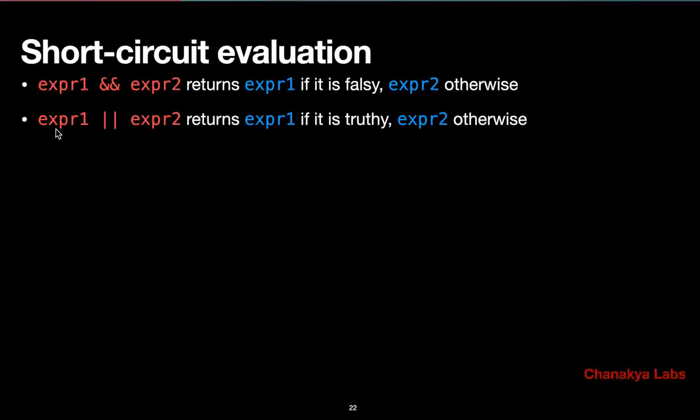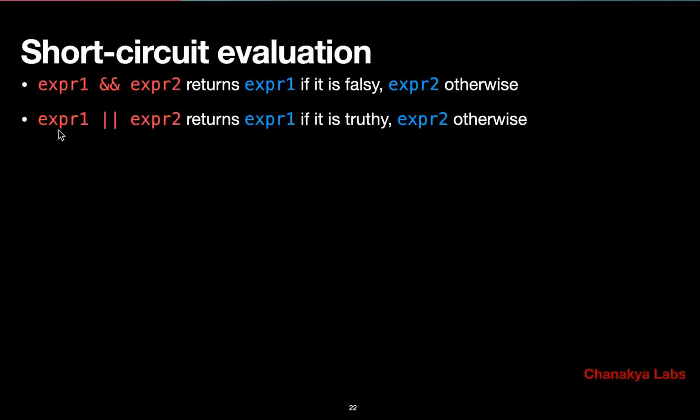We approach that: if this thing is falsy, then I'll keep moving ahead, because I know that everything has to be falsy in order for this expression to be falsy. But if this thing is truthy, then I know that in OR, if any one of them is truthy, then the whole expression is truthy. So why bother going ahead? If this thing becomes truthy, then I just return that expression directly from here.